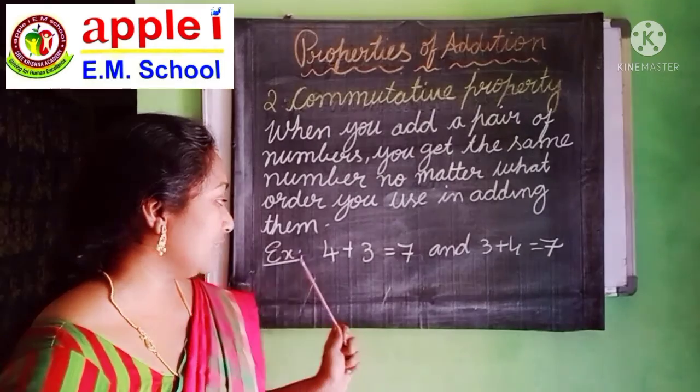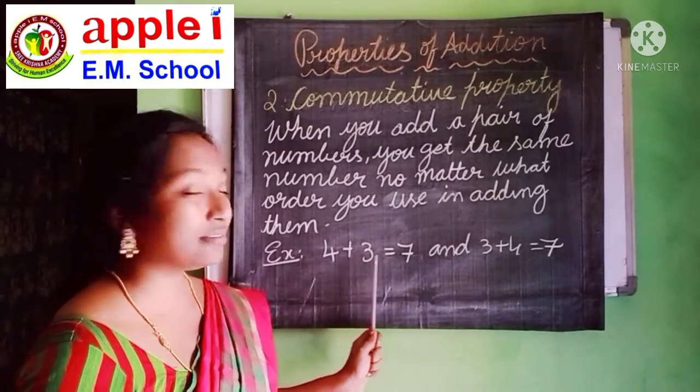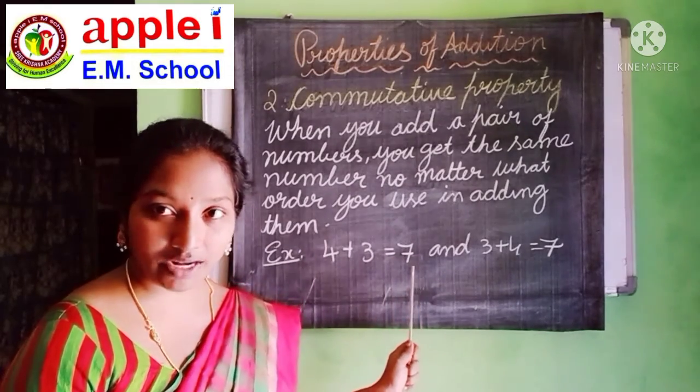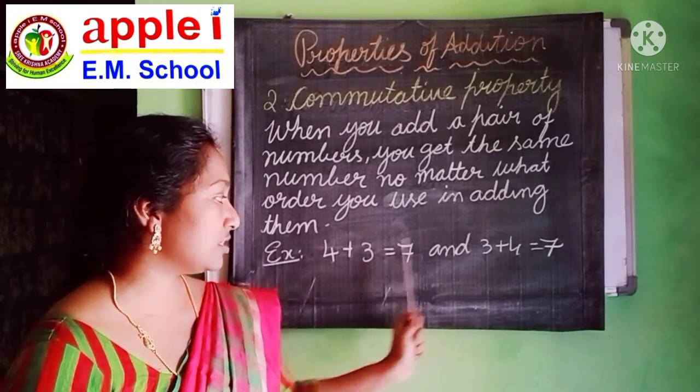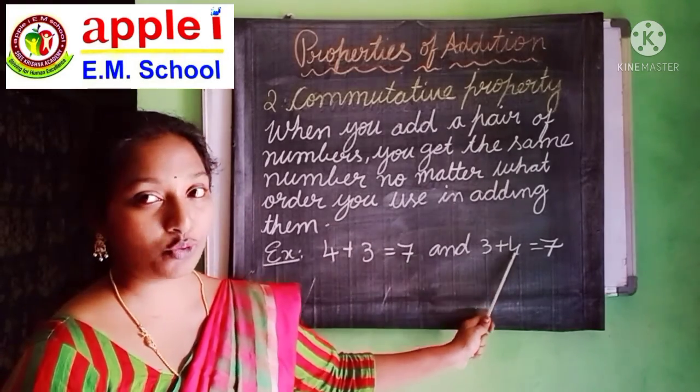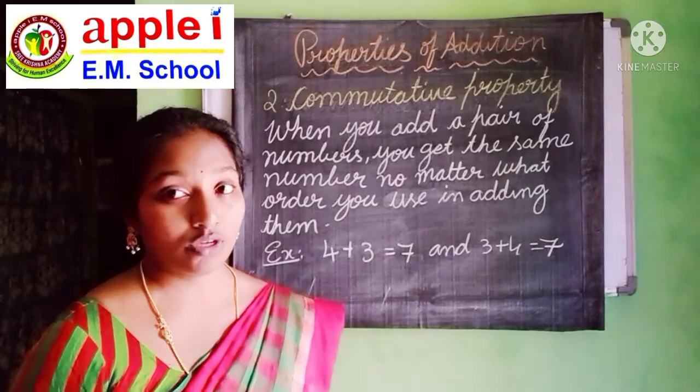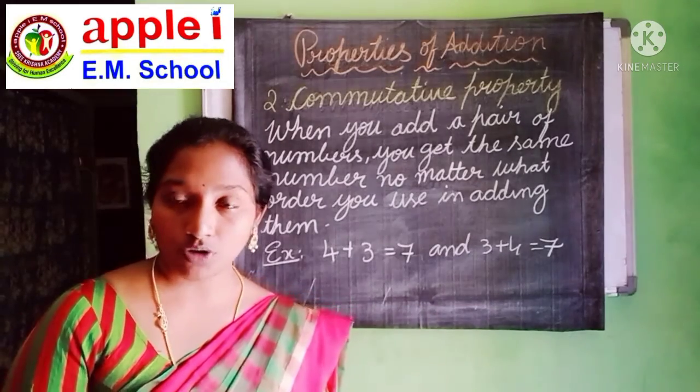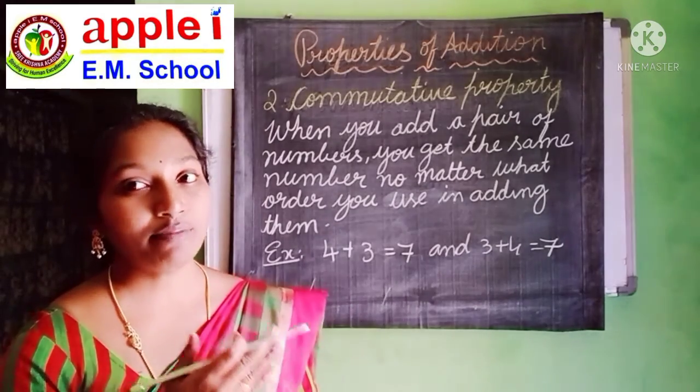See the example. 4 plus 3 is 7. Here I have changed the order. 3 plus 4 is also 7. So if you change the order, we still get the same answer.